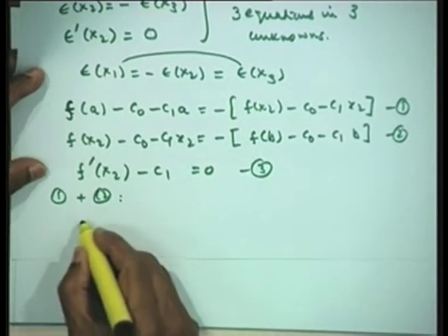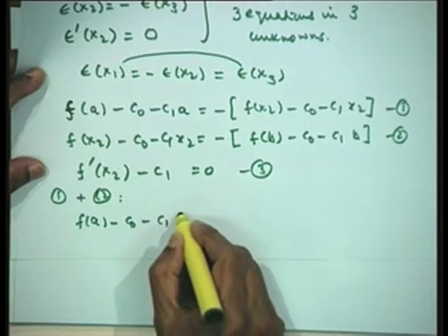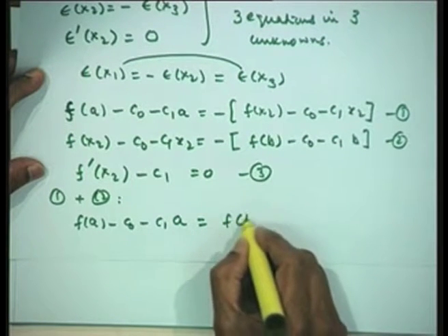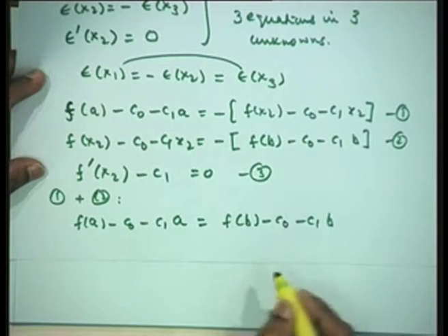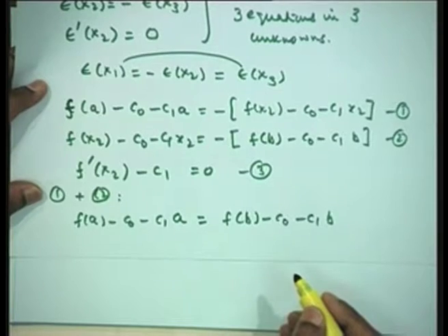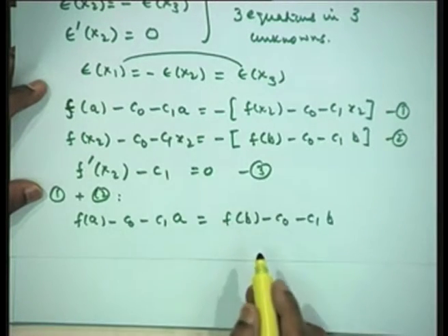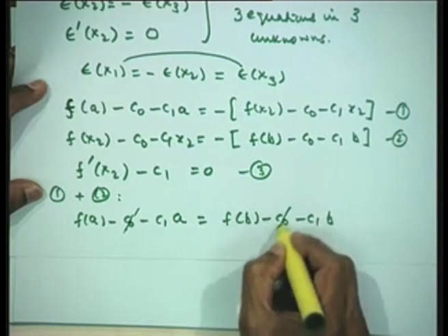That will then give me f of a minus C naught minus C 1 a is equal to f of b minus C naught minus C 1 of b. That is epsilon x 1 is equal to epsilon x 2. Now, here I can see that C naught cancels with C naught.